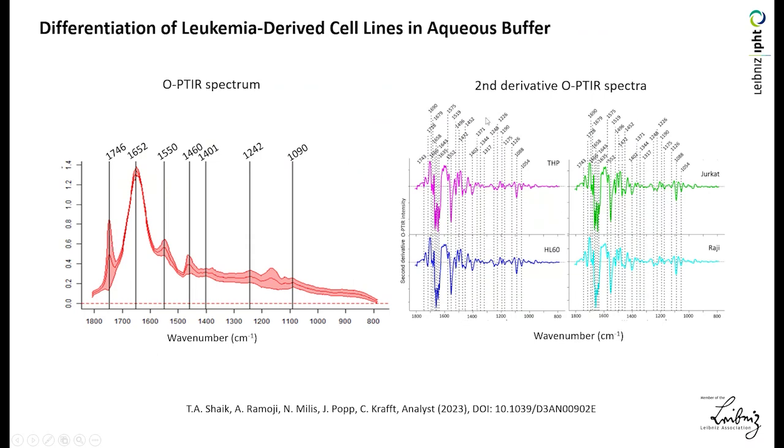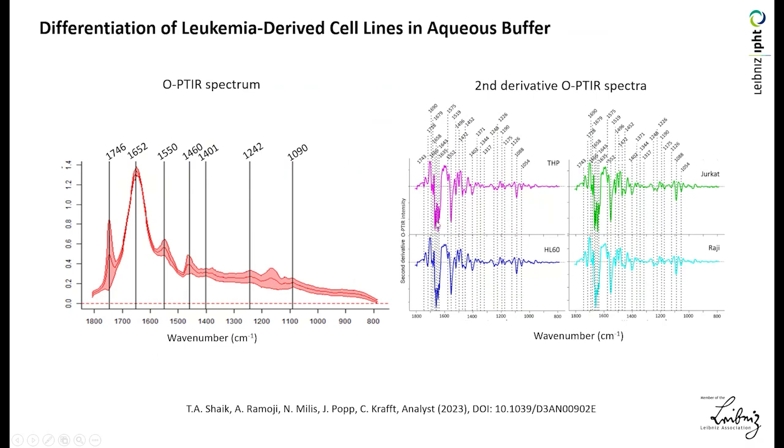If a second derivative is calculated from 4 different leukemia-derived cell lines, THP1, YOCAT, RAGI, and HL60, you can resolve more than 25 bands. That means these broad features contain substructures which become visible in the second derivative spectra.